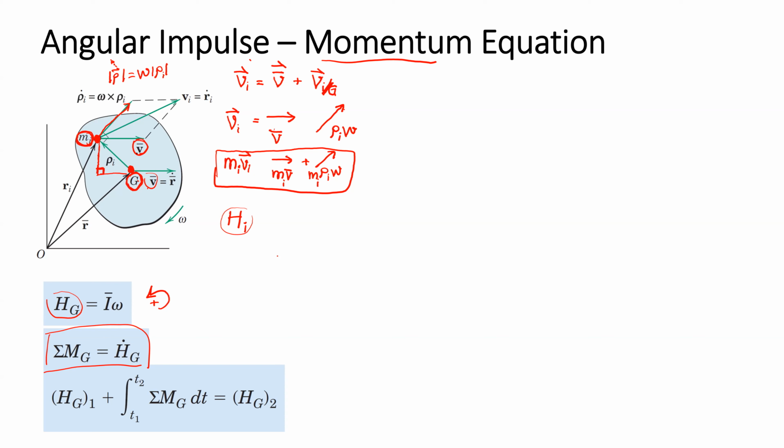The v bar creates angular momentum about point G. If we set the clockwise direction to be positive, the effect on the angular momentum will be the magnitude of m v bar multiplied by the perpendicular offset.